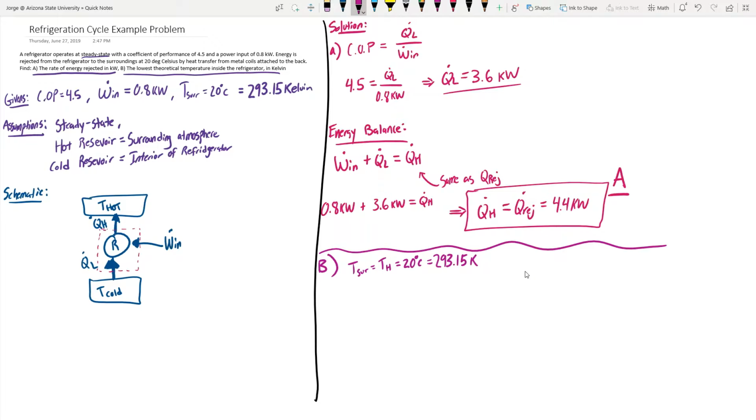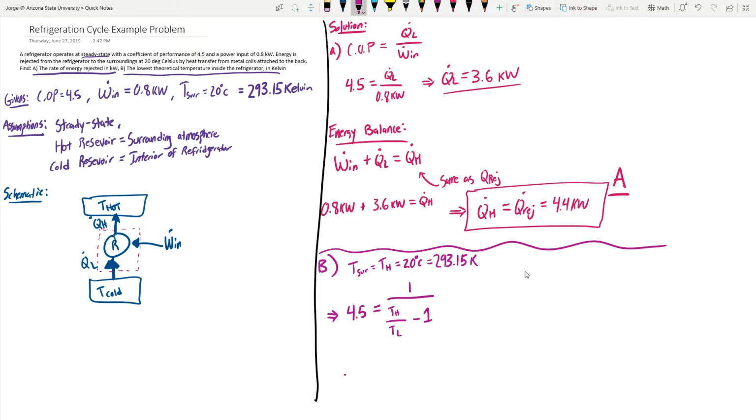So with that, in order to find the lowest TL for a given coefficient of performance, this will happen if the refrigerator is reversible. So in order to get the lowest theoretical temperature, we have to make it a reversible system. Assuming it is reversible, we know the coefficient of performance is still 4.5. And for a reversible refrigerator, the equation is 1 over TH divided by TL minus 1.